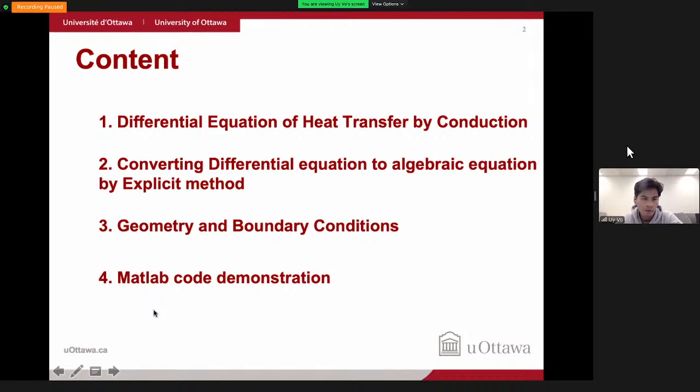And then I will show the method to convert the differential equation to a more simple algebraic equation, which is used by the implicit method. And next, I will introduce the geometry as well as the boundary conditions for the MATLAB GUI that I created. And finally, there is the demonstration of the code.